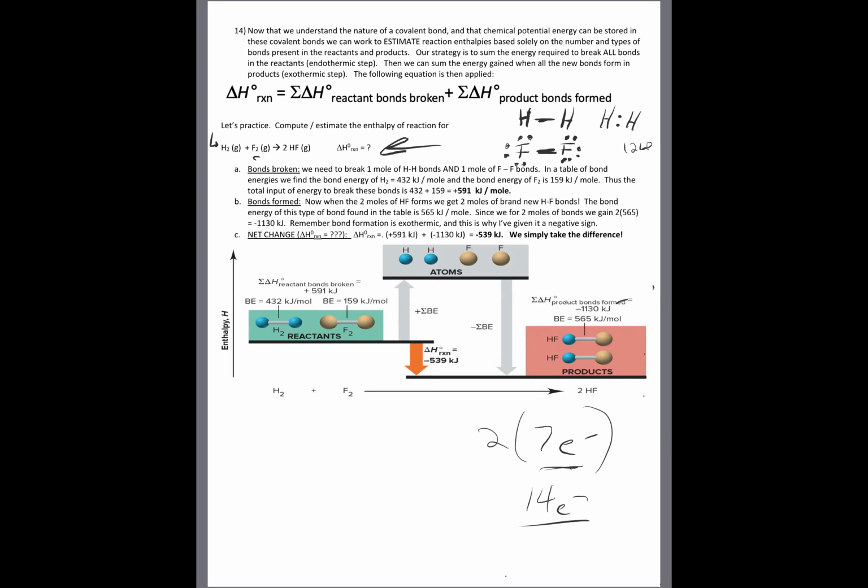And I guess if I was a bit of a Lewis dot structure purist, I may even write that line as a shared pair of electrons, right? Remember, one line corresponds to 2 electrons or a pair. So I've got 2 electrons involved in a bonding pair and 12 lone pair electrons. That makes 14. That's what I had to use.